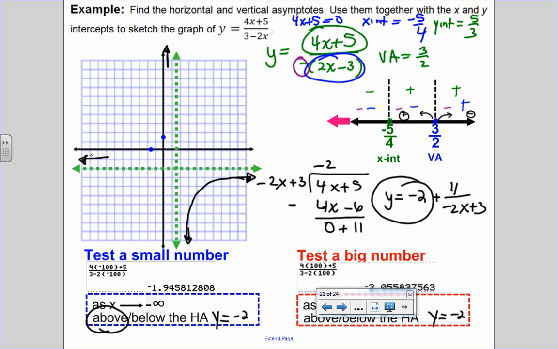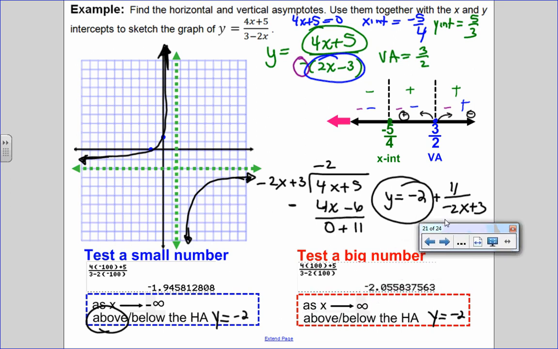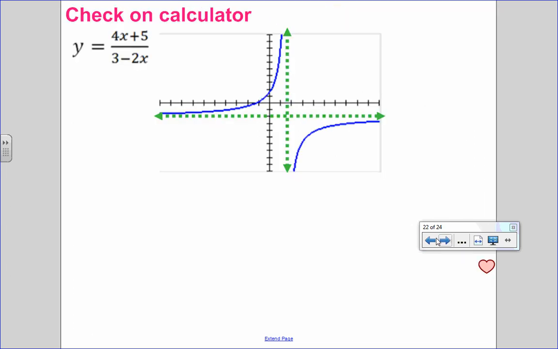Connecting these ends of the graph and passing through the x and y intercepts, it'll be something like that. Let's put that into our calculator and see if it looks right. You can see on the calculator, pretty darn good.